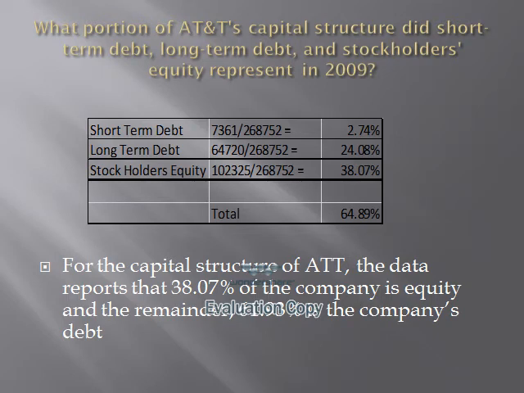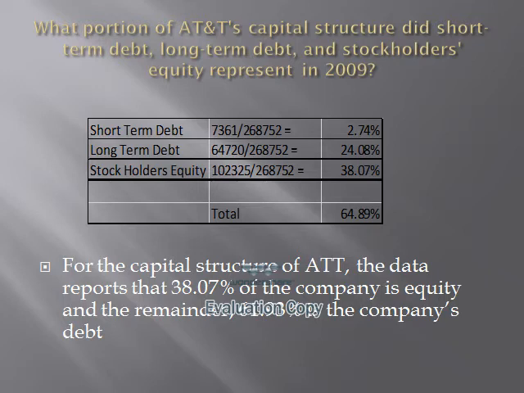What portion of AT&T's capital structure did short-term debt, long-term debt, and stockholders' equity represent in 2009? Shown by the table here, short-term debt came out to 2.74% of all total assets, long-term debt came out to 24.08%, and stockholders' equity came out to 38.07%.